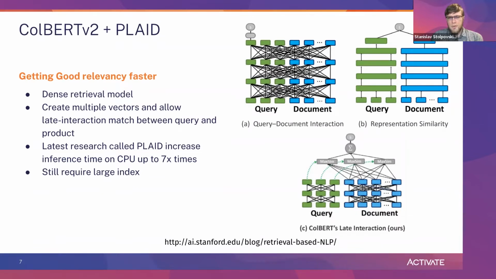Previously, it already showed great results, but it had a huge computation cost and a huge index. The recent research helps to decrease the inference time up to 7 times, and it brings this model to industrial-ready standards.